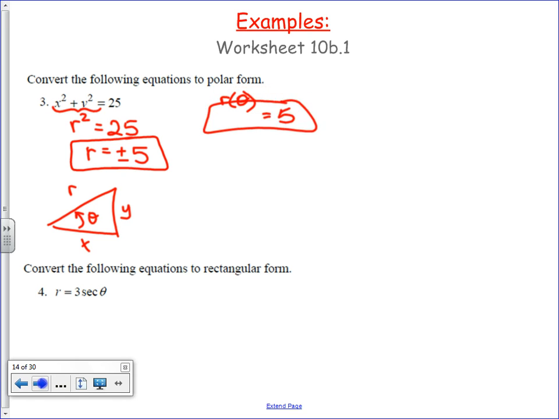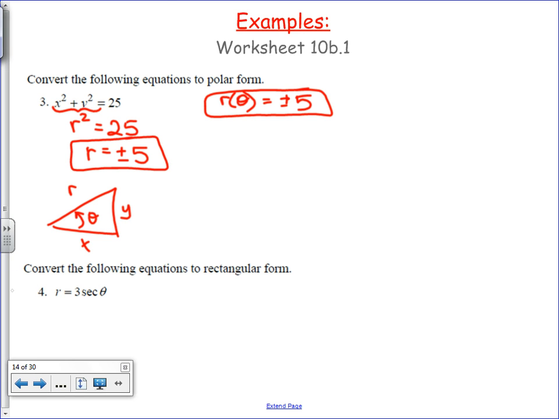But Ethan, when you saw r equals positive 5, you were right, but the radius of a circle is always positive. But r in polar could be positive or negative. Does that make sense? That's why technically, even though r is 5, I would say r of theta. In polar, radiuses don't have to stay positive anymore because you can go positively towards an angle or negatively the opposite direction.